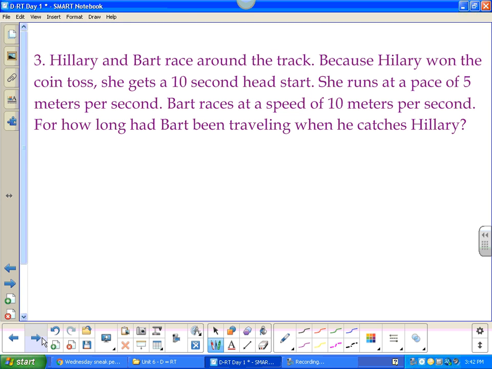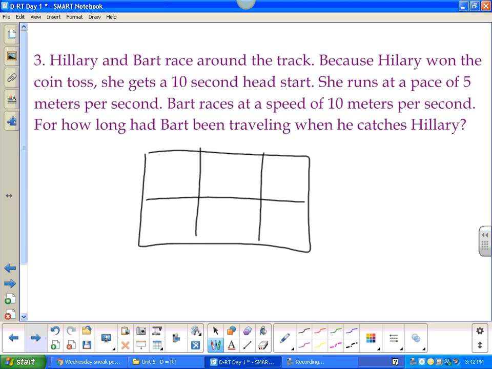Hilary and Bart race around the track. Because Hilary won the coin toss, she gets a 10-second head start. Okay, let's go ahead and set up Hilary, Bart. Hilary won the coin toss. She got a 10-second head start.